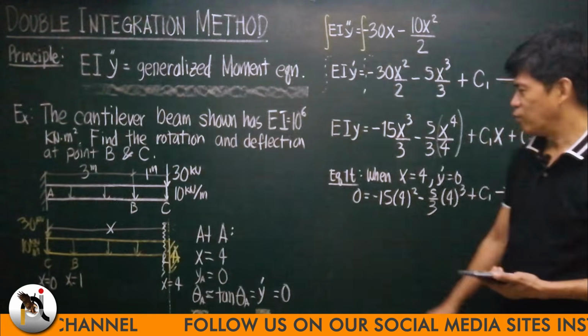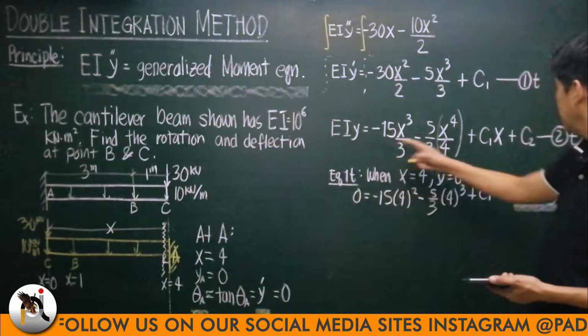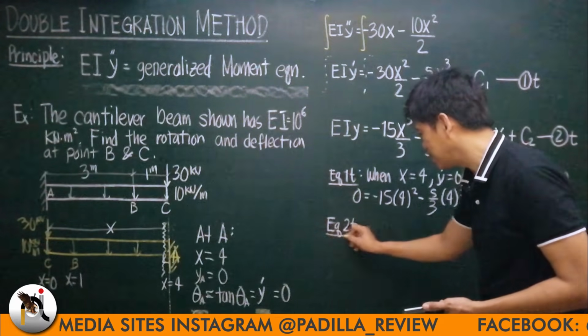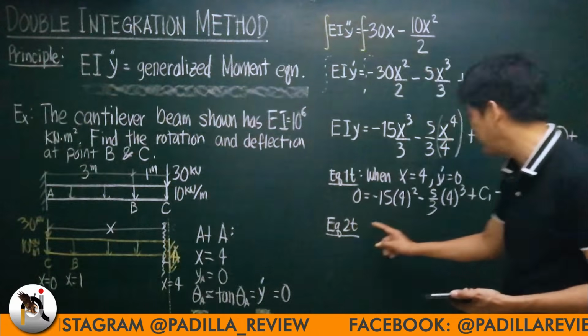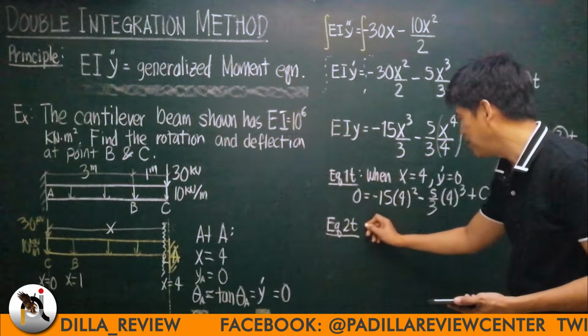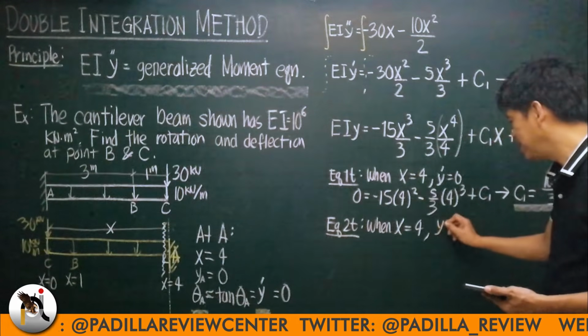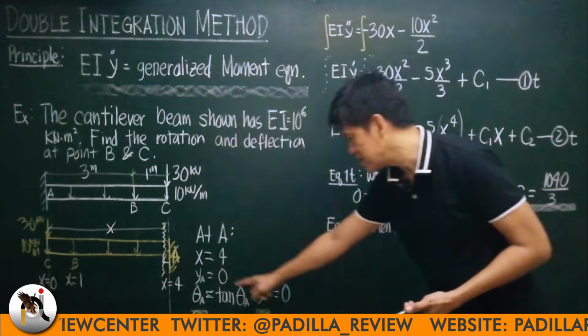Now, also using equation 2t, temporary because there is no value for C2 yet. When x is 4, y is also 0.